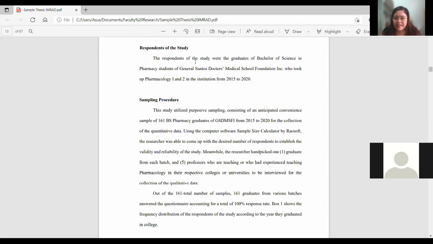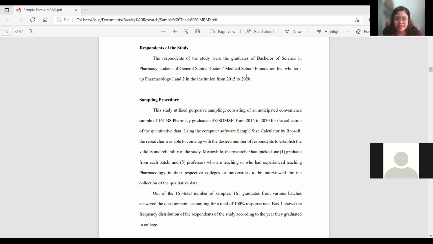Okay? And then the next thing you write under the sampling technique, again, we merge these two, respondents of the study and the sampling procedure, and then we will call it sampling technique. And then after that, you will be identifying the sampling technique that you are going to use in your study.